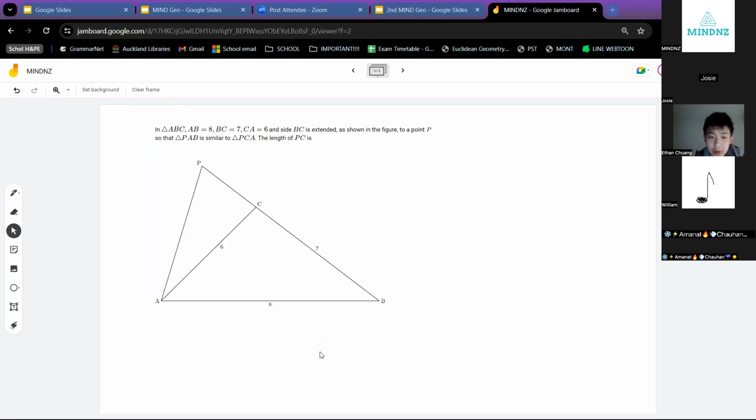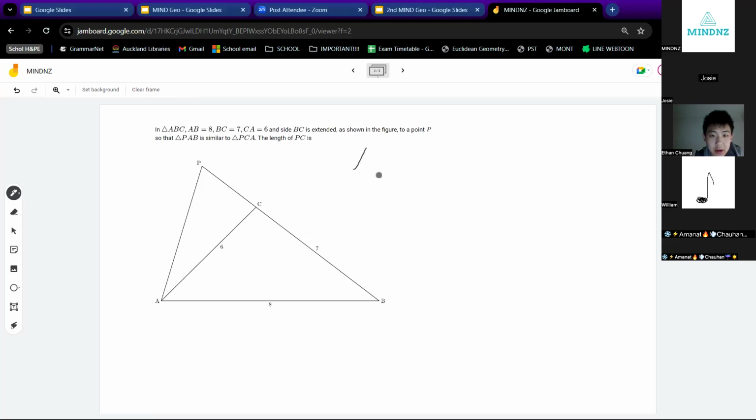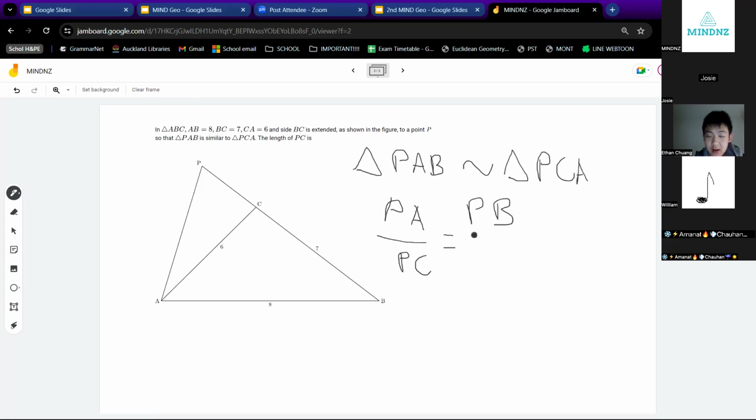All right, so I'll just walk through the beginning of the problem for you guys. So we have that triangle PAB is similar to triangle PCA, right? So this means that with our angle conditions we have PA over PC equals PB over PA equals AB over AC, right?